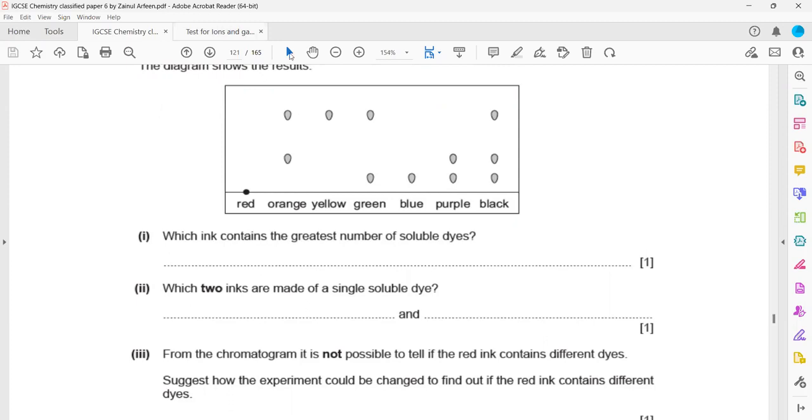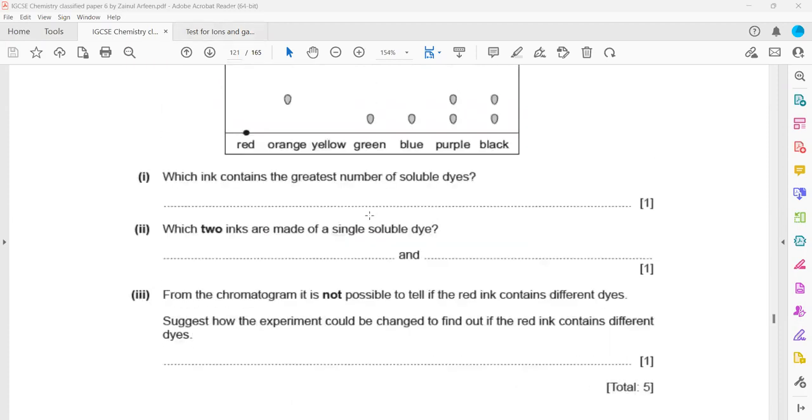If the ink does not rise with the solvent, what should we do? If we are using water, then we use alcohol, and then the spot will rise. Adding a locating agent is not correct because they did not mention a colorless substance, and a red dye is there. So we simply change the solvent.